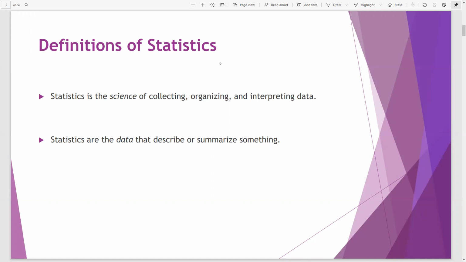And another type of statistics is the data we have. Statistics are the data that describe or summarize something, the so-called sample, describing and summarizing something that is part of the object.